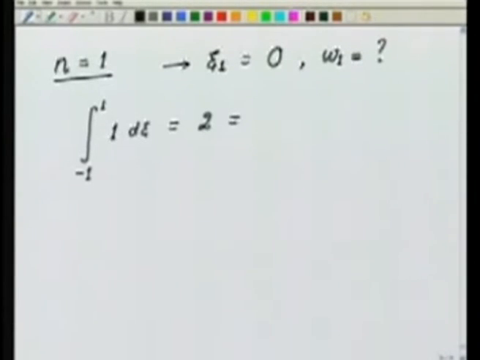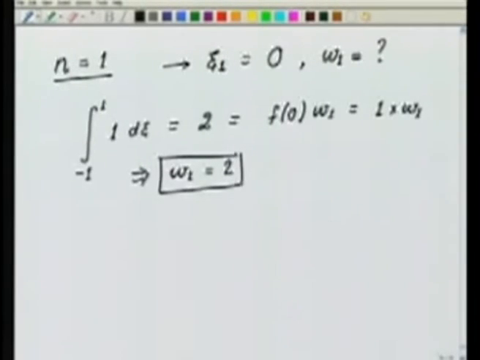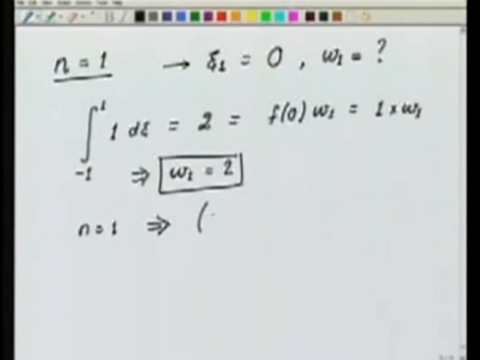Now, I would expect the one point rule to at least integrate the constants correctly. So it is going to give me from this one point rule f at 0 into W1, which is equal to 1 into W1. So this implies W1 is equal to 2. So this is going to be our one point rule: for n equal to 1, I have the following pair, the point is 0 and the weight is 2.